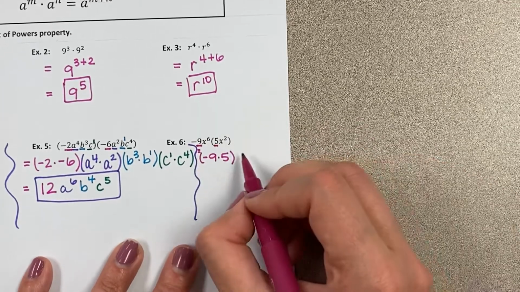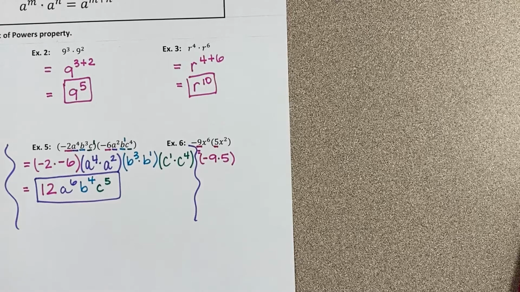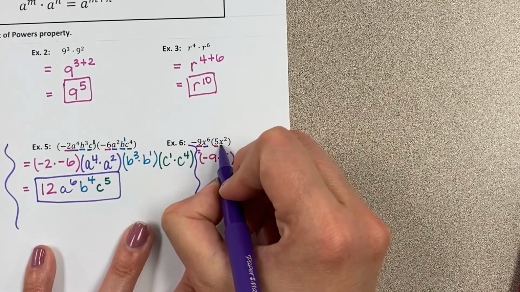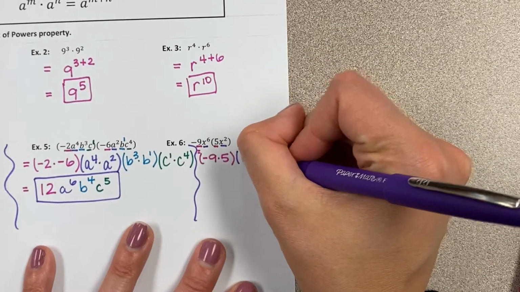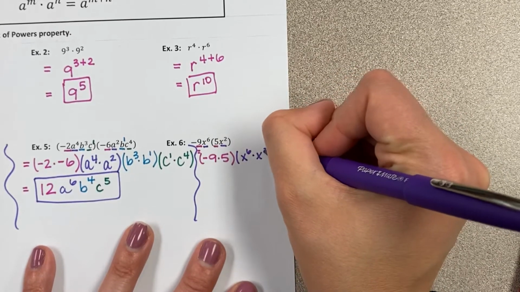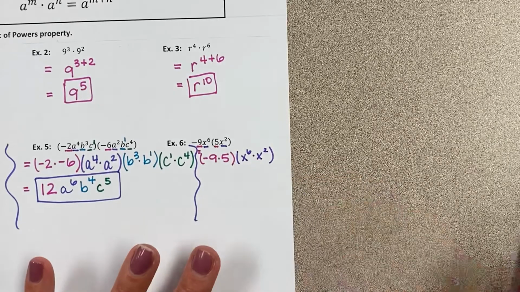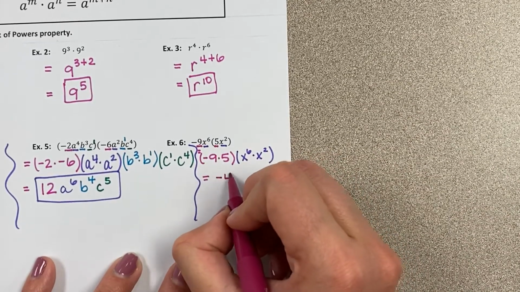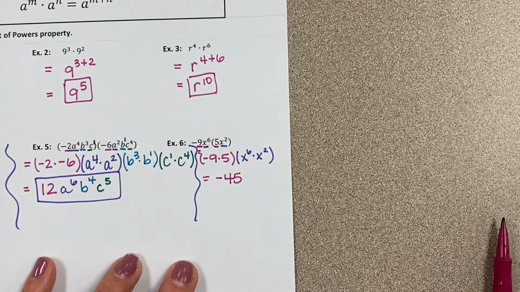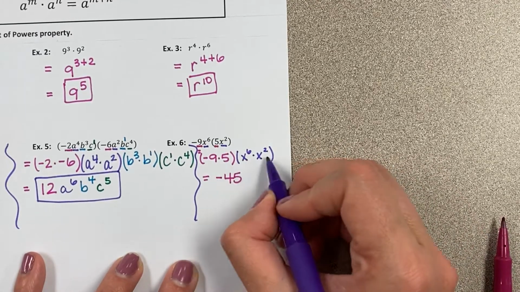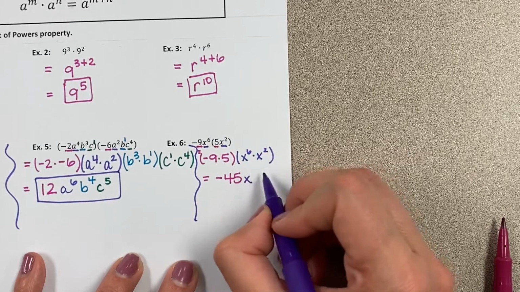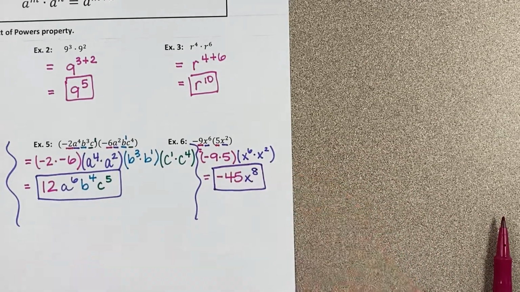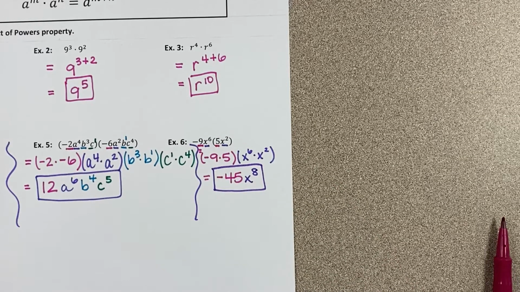I see common like terms with the x's: x to the 6th times x squared. When I multiply this, we get -45, times x, and the x's are the same base. 6 plus 2 is 8. So we get -45 times x to the 8th.